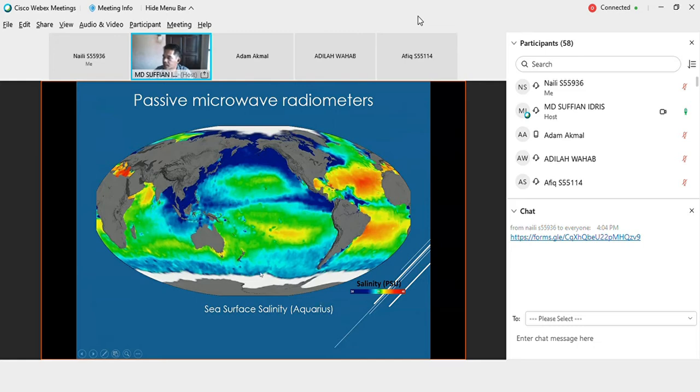This one is surface salinity daripada Aquarius. So the problem with surface salinity from Aquarius is it's a very low resolution. The resolution is about 1 degree. 1 degree is about 110 kilometer resolution. That's why dekat coastal area tu, you tak dapat data.